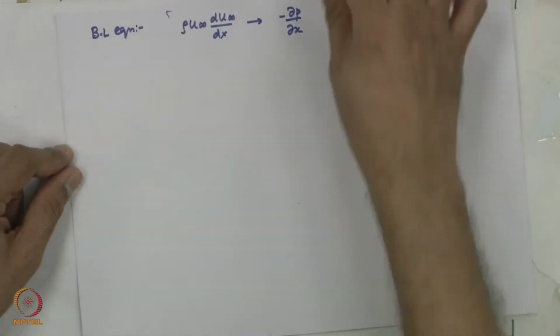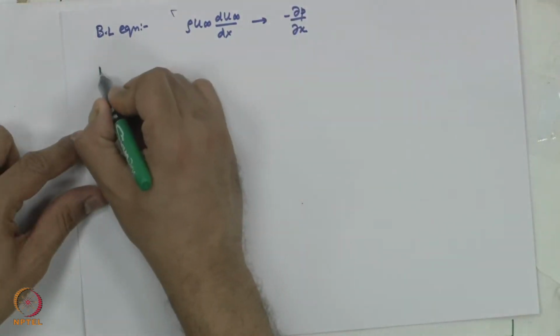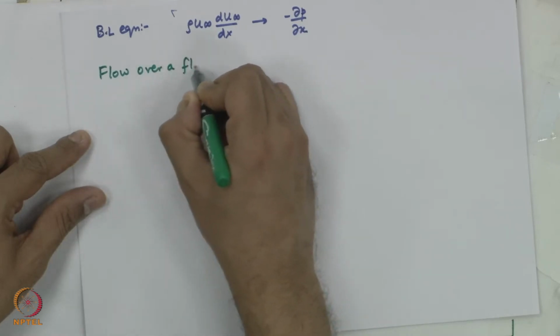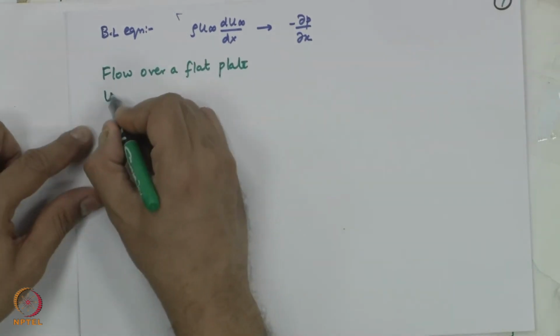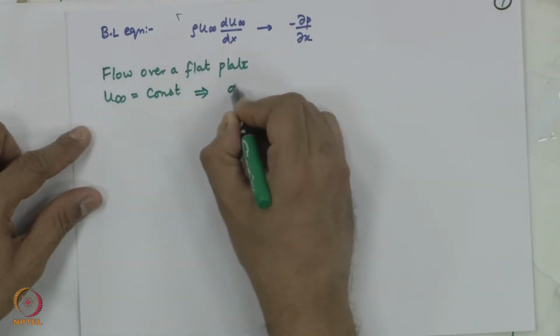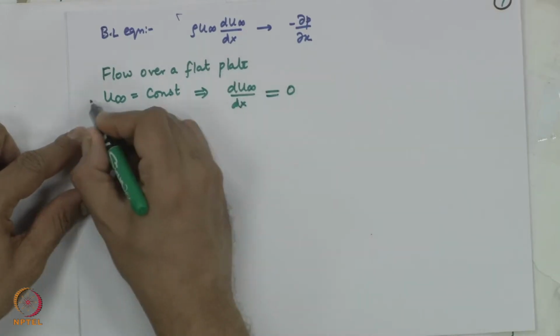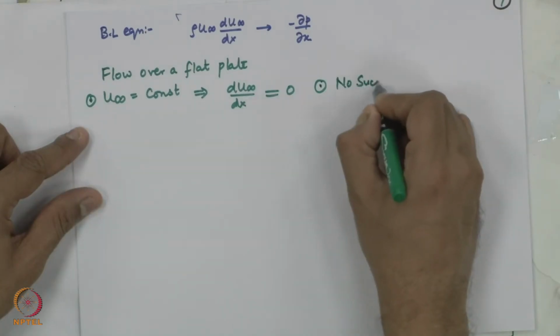If I list the assumptions here, we have 4 assumptions. That is flow over a flat plate, u infinity is constant, that means du infinity by dx is equal to 0. This is the first assumption. Second assumption, no suction or blowing.